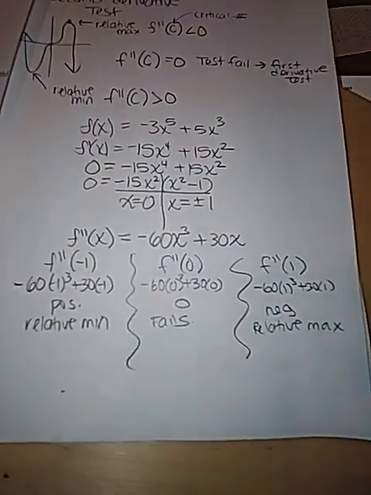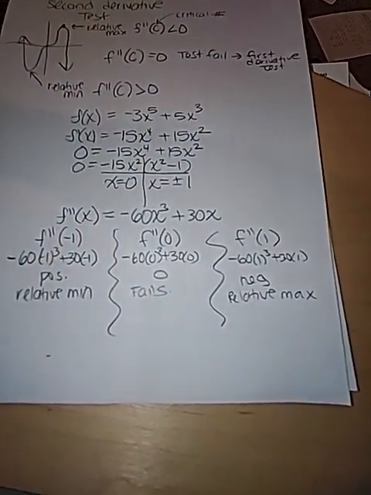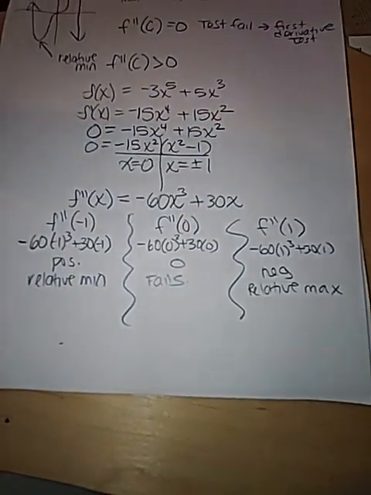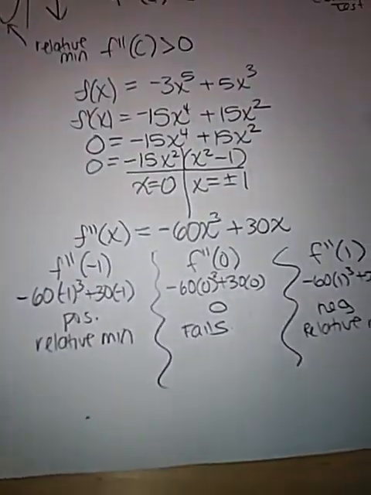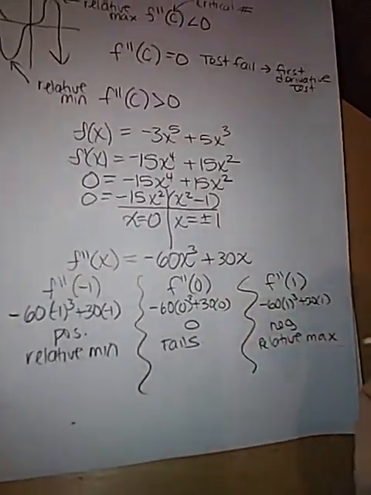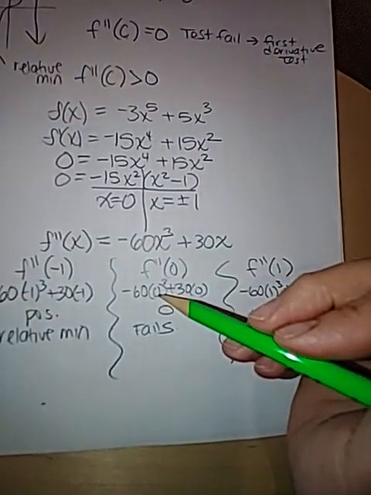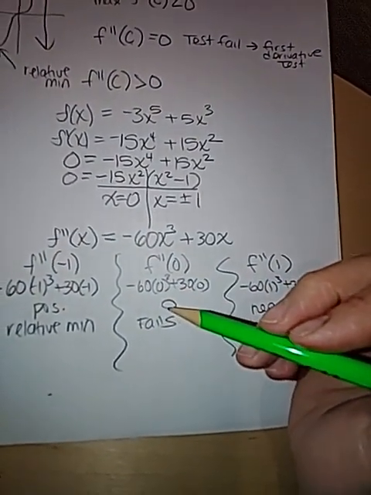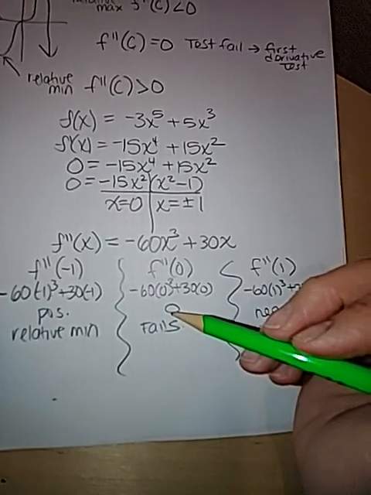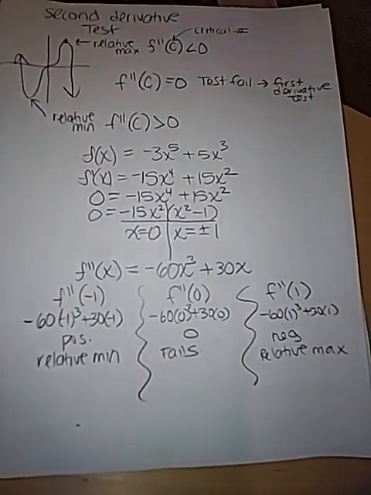Okay, now I'm going to still plug back into my original function to find the actual relative minimums and maximums. Now, just to not make this video too long to watch, if you do take a couple minutes and perform the first derivative test on 0, 0, you're going to find that 0, 0 is not a relative minimum or maximum.